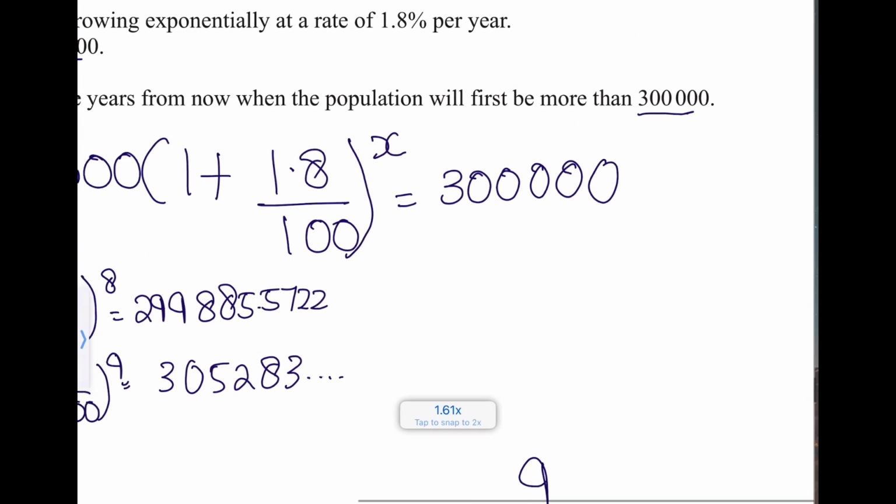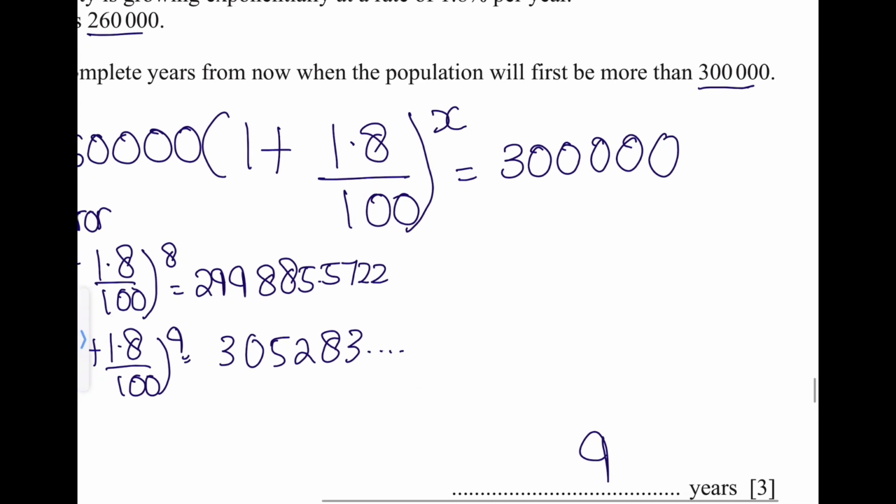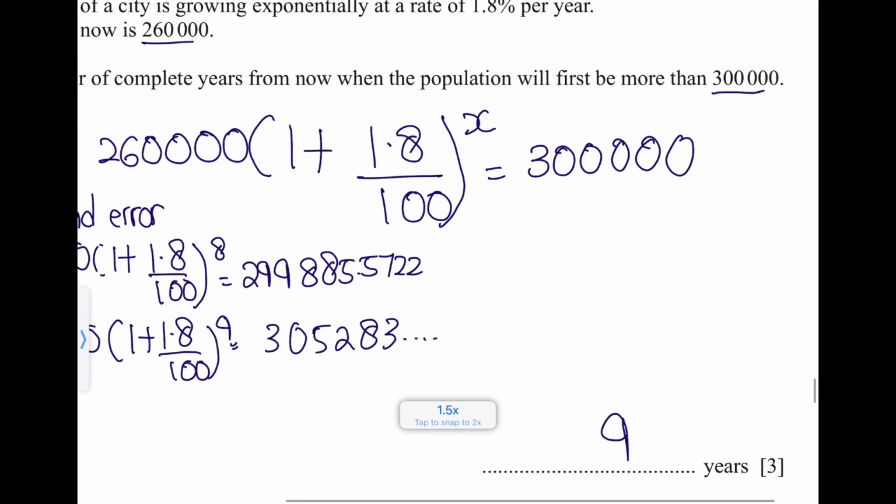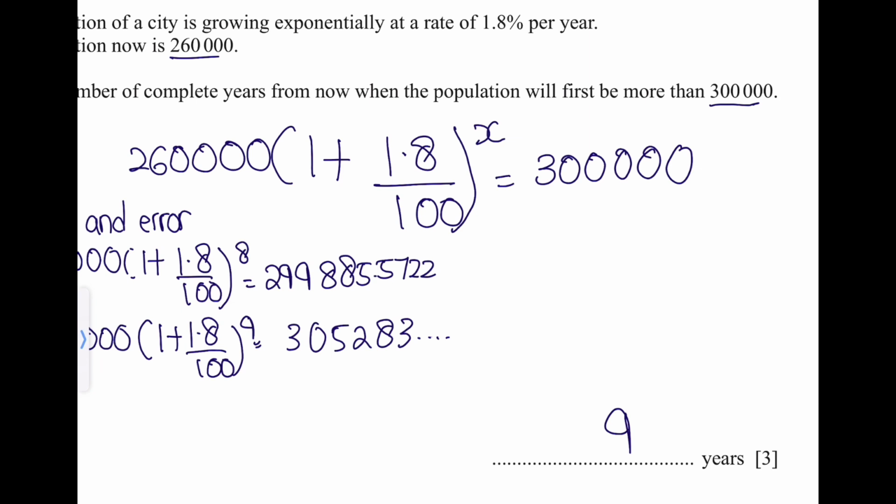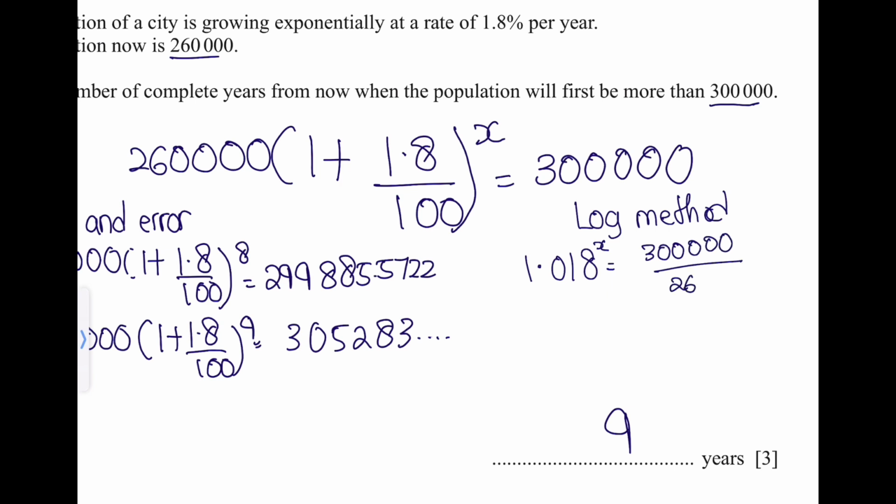Otherwise, if you want to use the log method, it is a bit complicated. So basically, when you do 1 plus 1.8 over 100, that is 1.018. So for the log method, 1.018 raised to x is equal to 300,000 divided by 260,000.